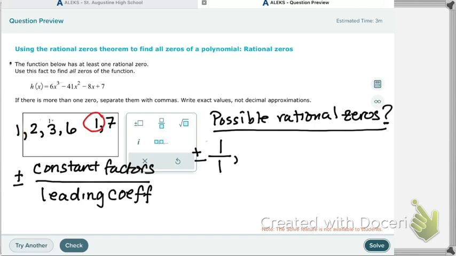Now I'm going to say, well, 1 over 2 is a possibility, plus or minus 1 over 2. And then 1 over 3, plus or minus 1 over 3.